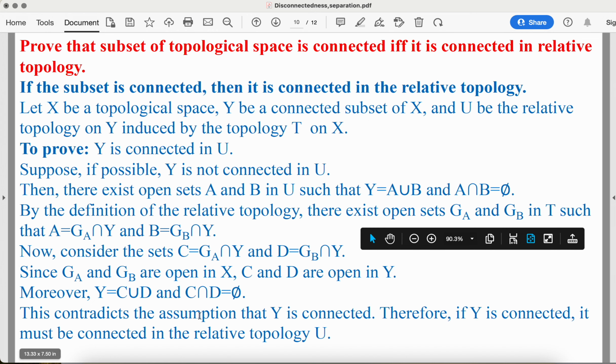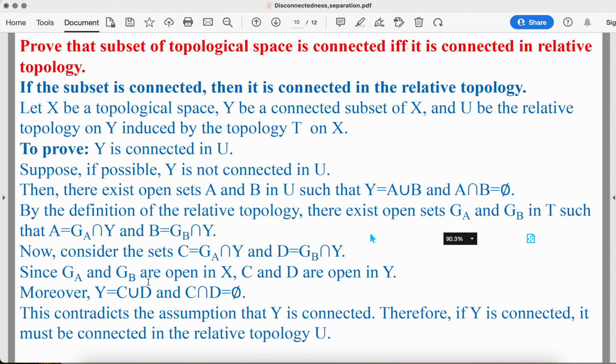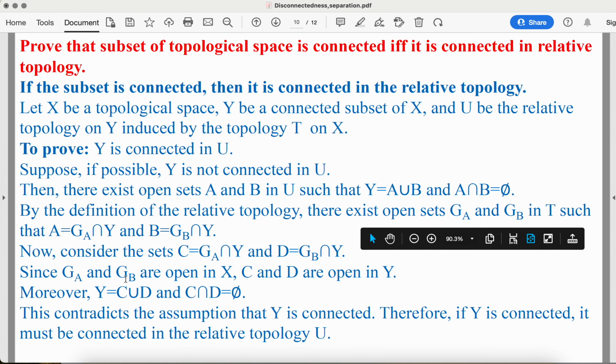So this contradicts the assumption that Y is connected. Therefore, if Y is connected, it must be connected in the relative topology U.